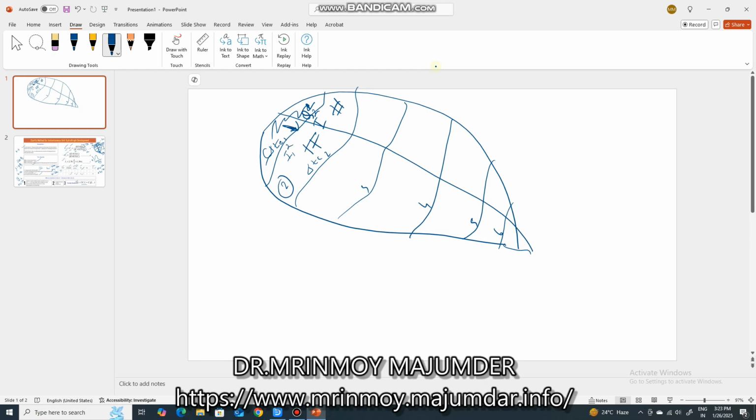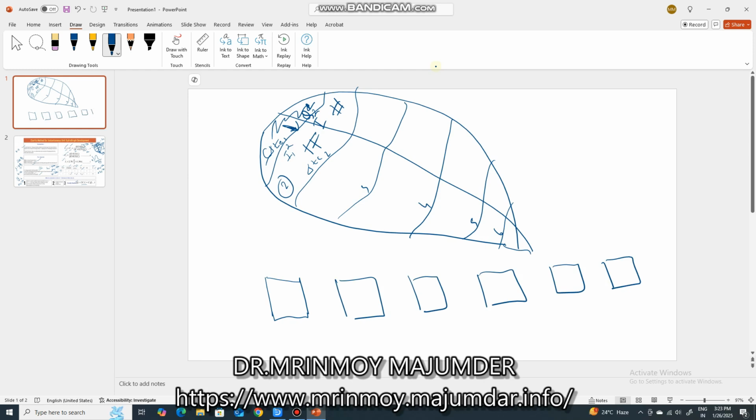All these isochronal areas are cascaded. If I represent them by squares like this, all the isochronal areas are cascaded. So what is cascading? The output from the previous is the inflow to the next.